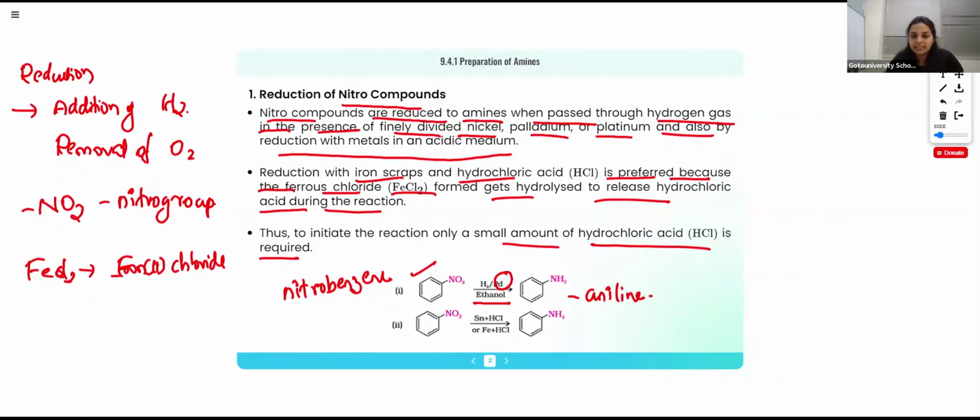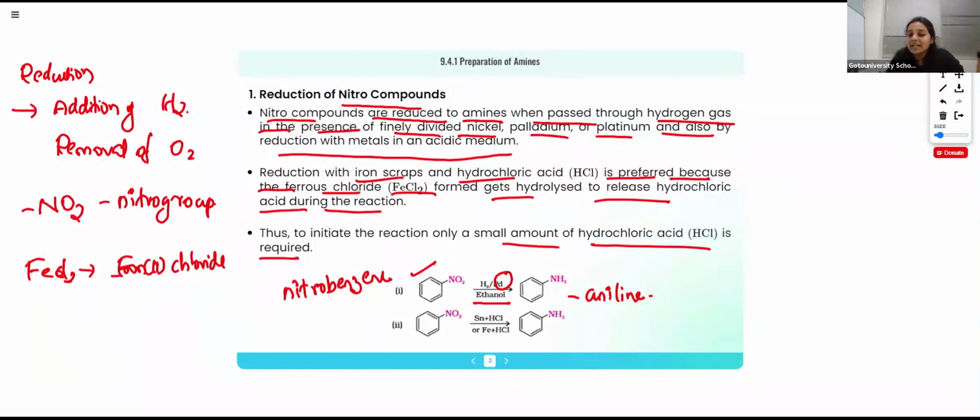One more thing, as I told you, we can start the reaction using a small amount of hydrochloric acid. See, in the first one we are using the nitro compound, and we pass hydrogen gas through it in presence of metals like nickel, platinum, palladium, as I told you, or we can use the metals in acidic medium.